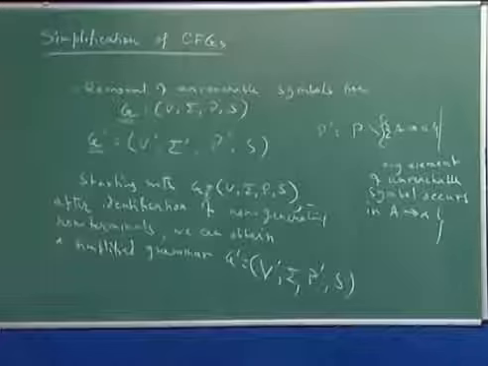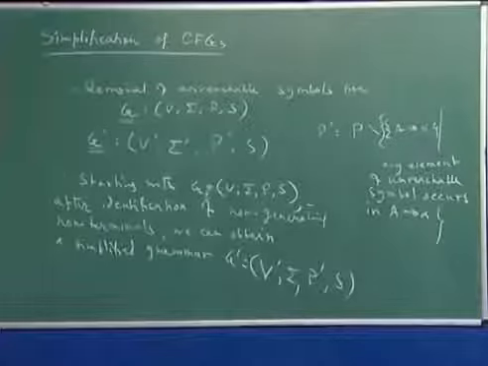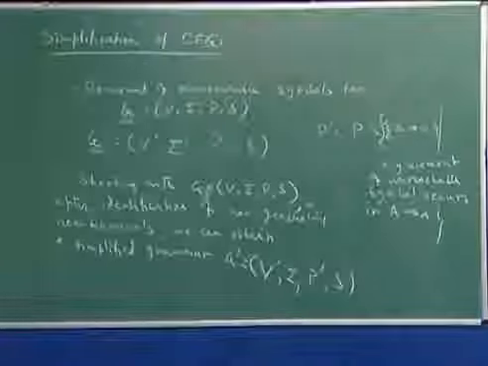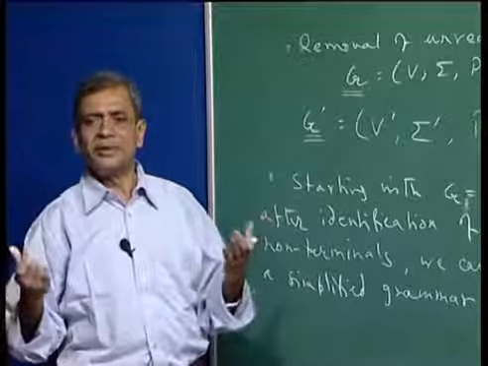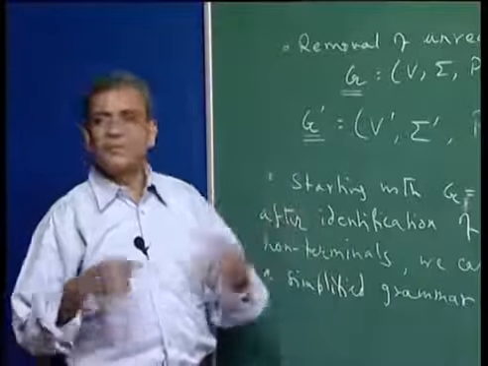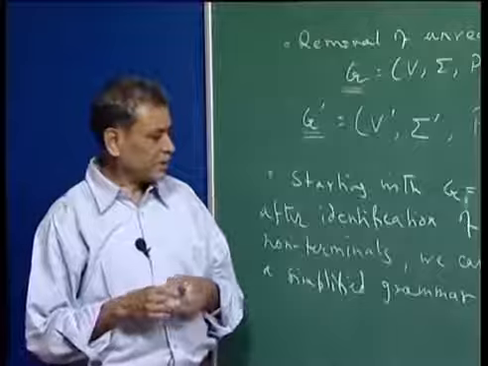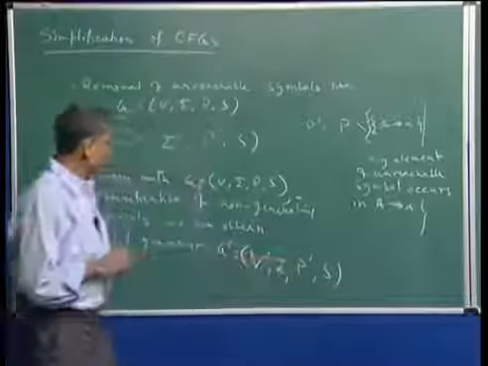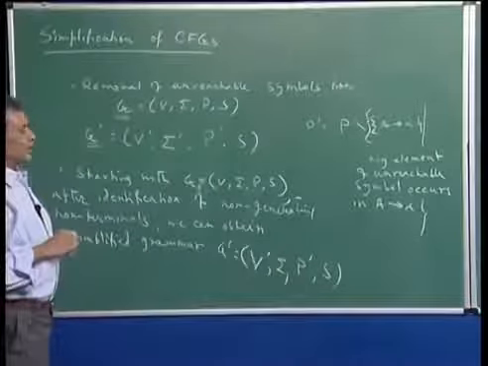In other words, the grammar G originally was such that L(G) was non-empty, right? The language is non-empty. So, therefore, S must be deriving some terminal strings, and therefore, S would remain in the simplified grammar also.